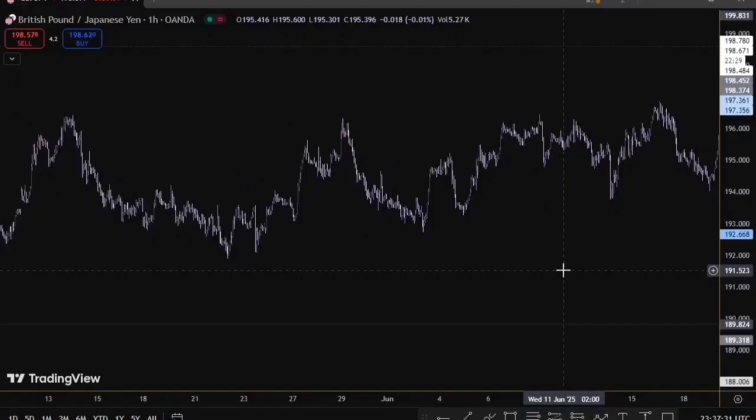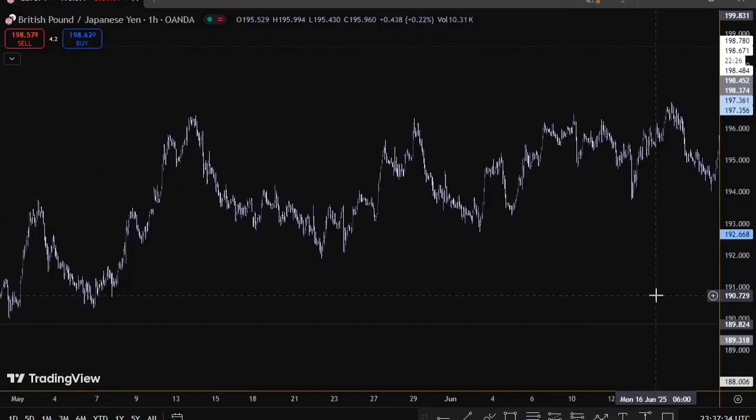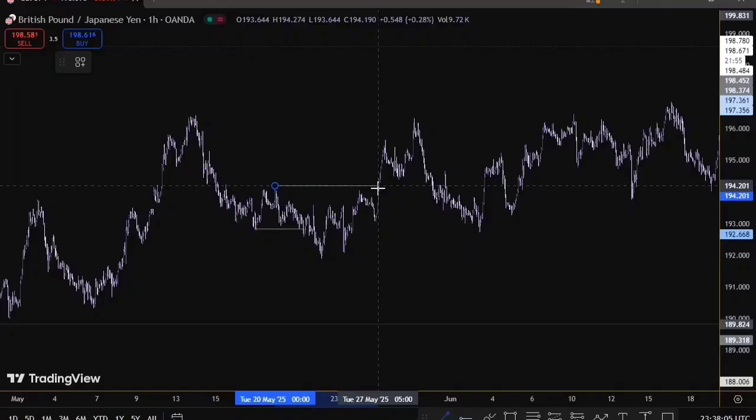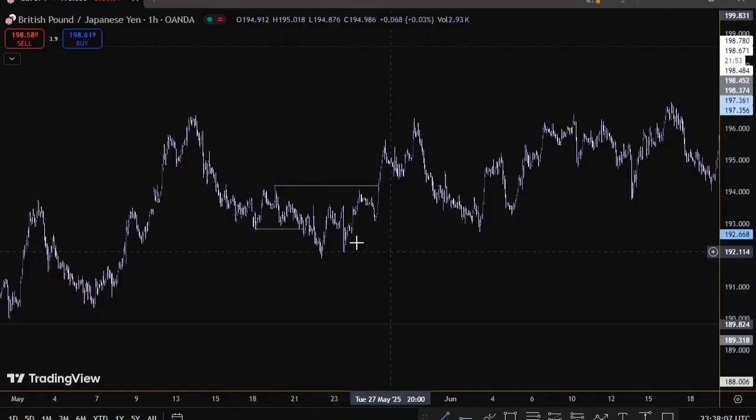So we have a sweep of this low, and what do we have? A break of structure.